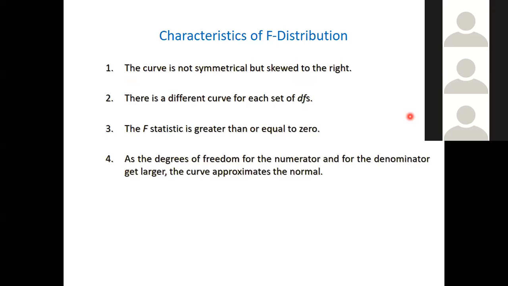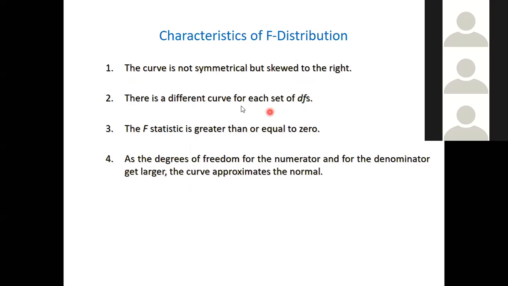It's from 0 to infinity. There's no negative value, and that's why it's positively skewed like chi-square. In fact, mathematically, the F distribution is a ratio of 2 chi-squares: one chi-square as numerator, one chi-square as denominator. That shows that maybe the first variance follows chi-square, and the other one also follows chi-square.